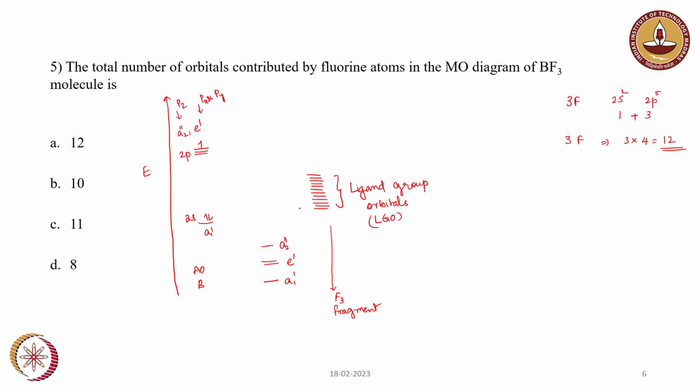The antibonding orbitals will be A2 double prime star, E prime star, then A1 prime star.